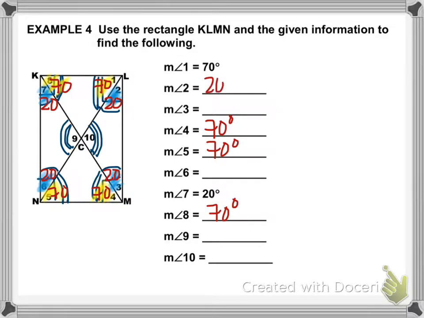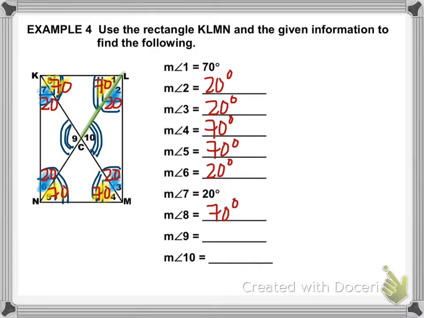So 2 is 20, 7 is already labeled 20, 6 is 20, and 3 is 20. And then we have 9 and 10, which are congruent. So the way that we want to find that is we want to remember that a triangle's angles add up to 180 degrees.